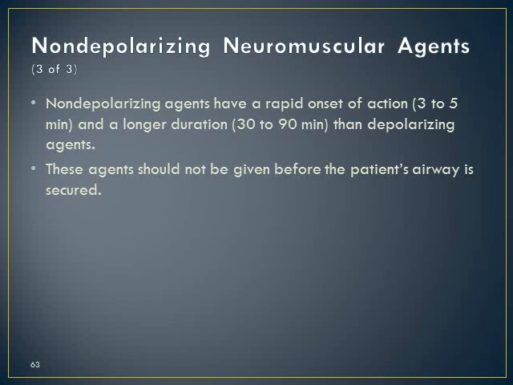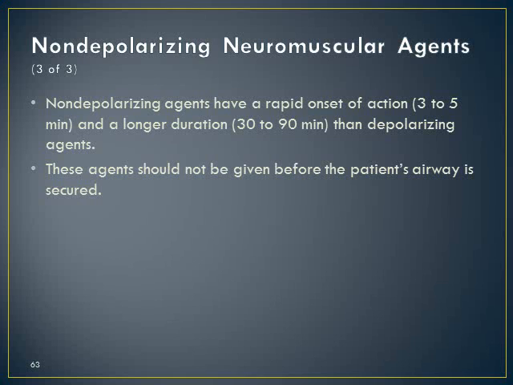These agents should not be given before the patient's airway is secured, and that's the key. We use succinylcholine first. Then after we get them intubated and get the procedure done, we will hang a vecuronium drip or a pancuronium drip, whatever the drug of choice is, to keep them under. But this is not going to be your primary choice.